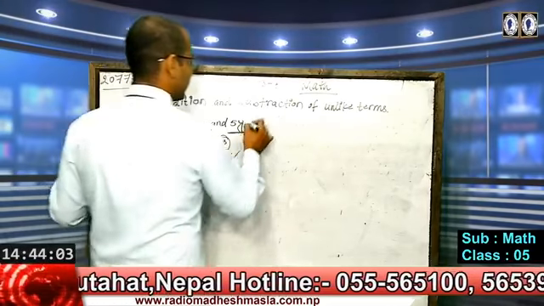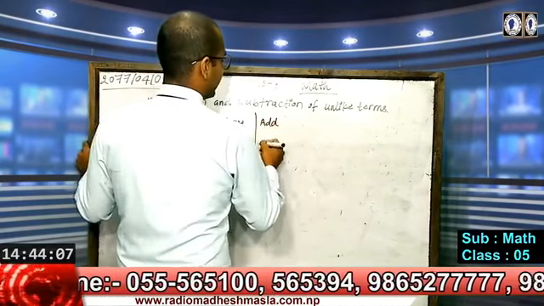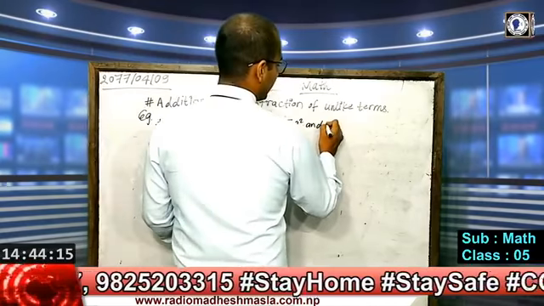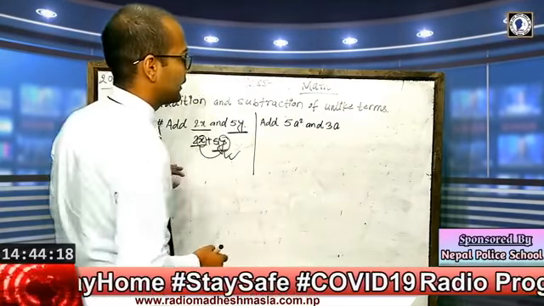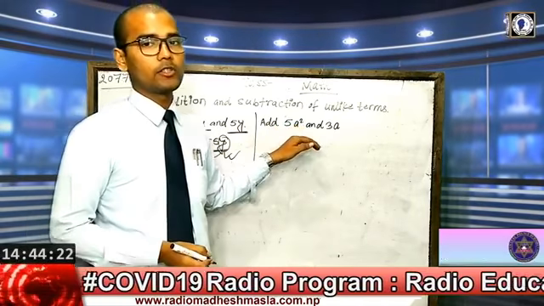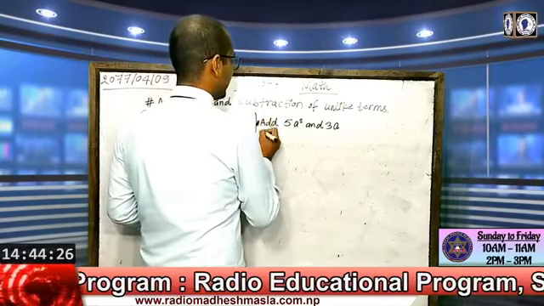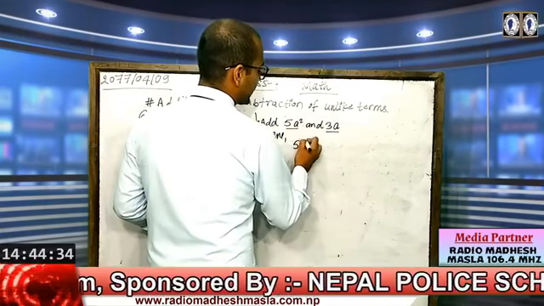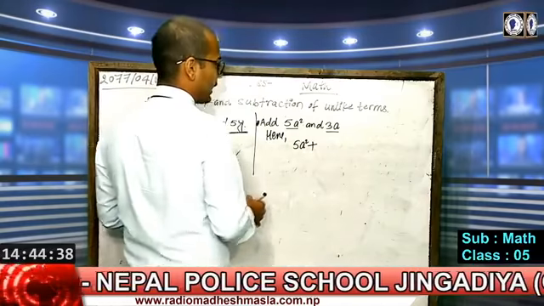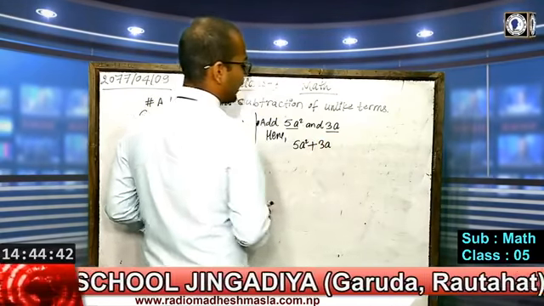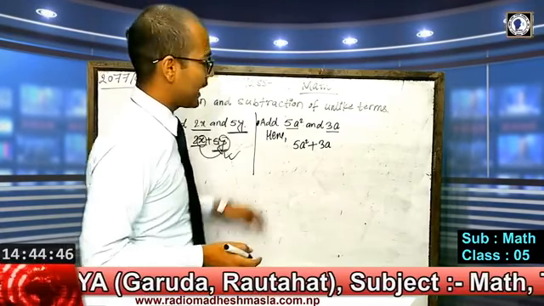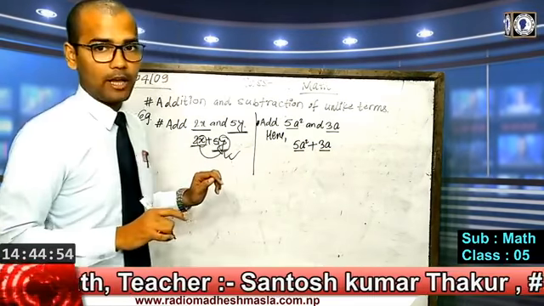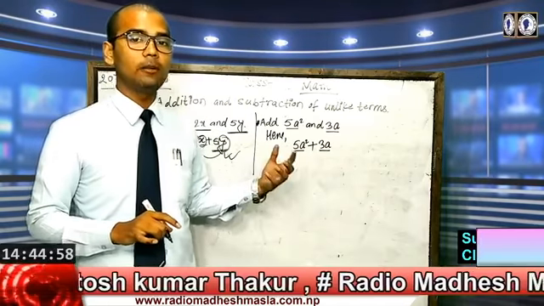In the same way, let another example be: add 5a square and 3a. Students, look here very carefully and give your concentration. We can write 5a square, then the plus sign, then 3a. First we need to find whether the given terms are like terms or unlike terms.